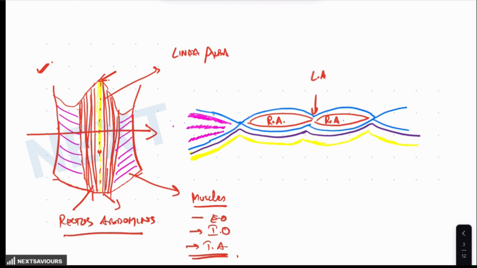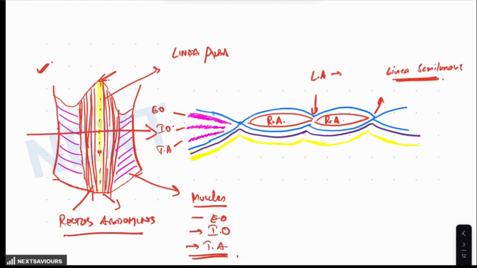On the lateral aspect, we have these three muscles called external oblique, internal oblique, and transversus abdominis. The linea alba is a fibrous layer formed by fusion of both the anterior and the posterior rectus sheath. On the lateral aspect, we have another line called linea semilunaris. And what is this linea semilunaris?